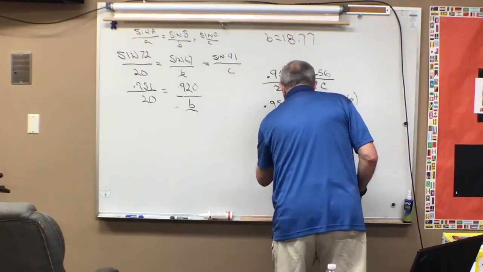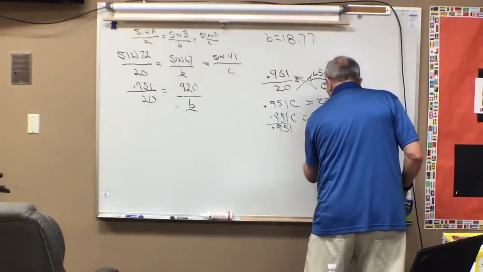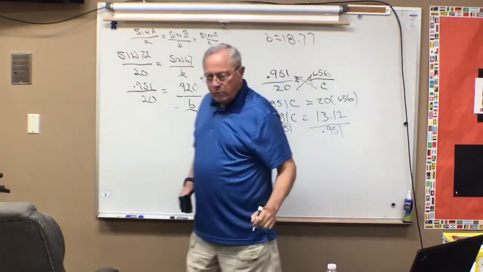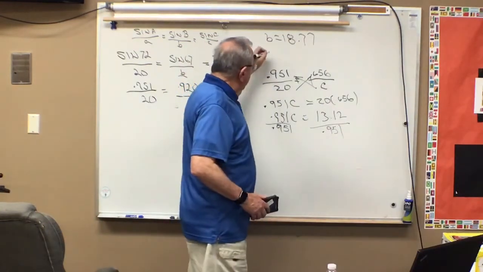And I have to divide this by 0.951. Then we're going to find out what C equals.